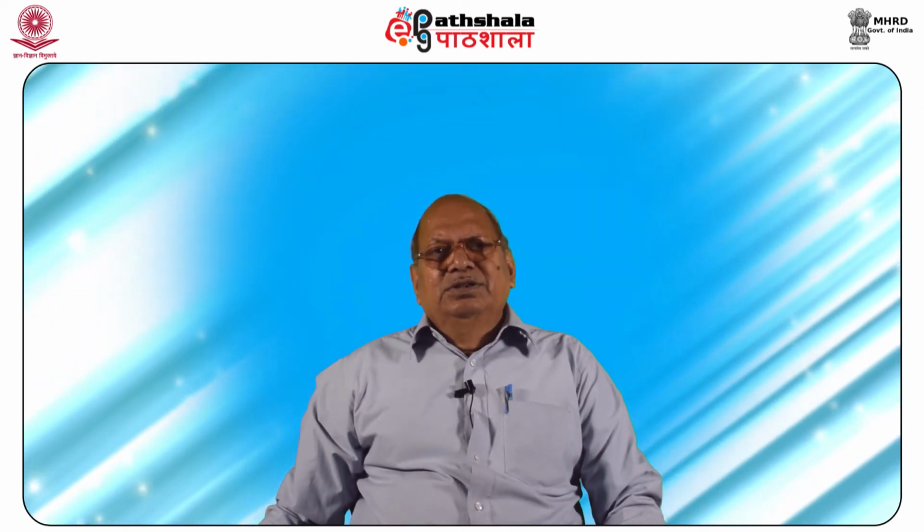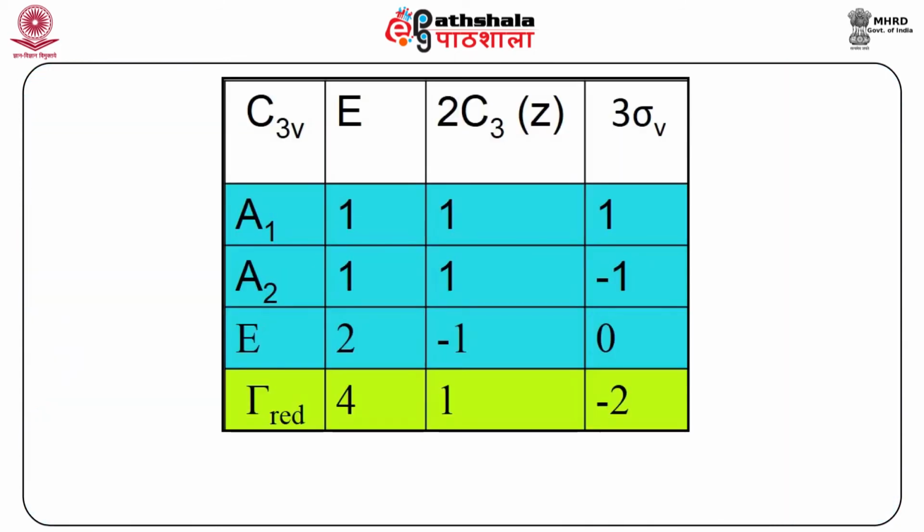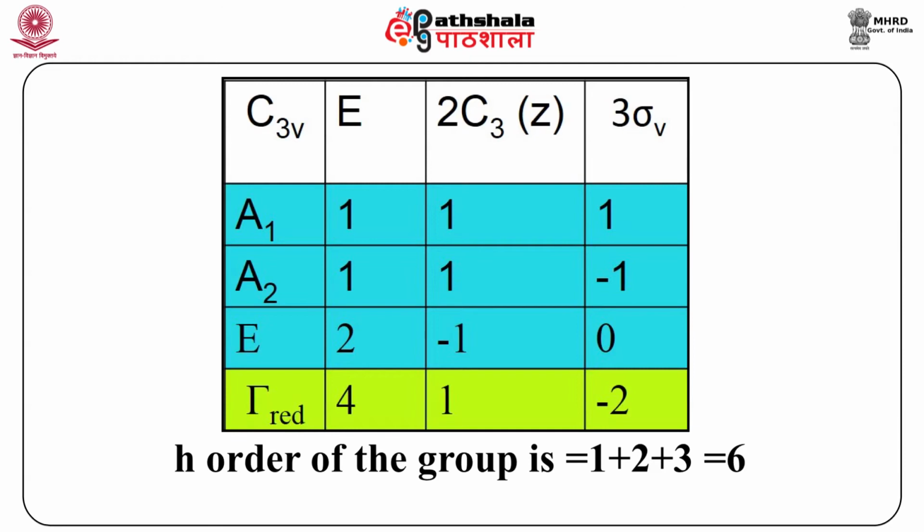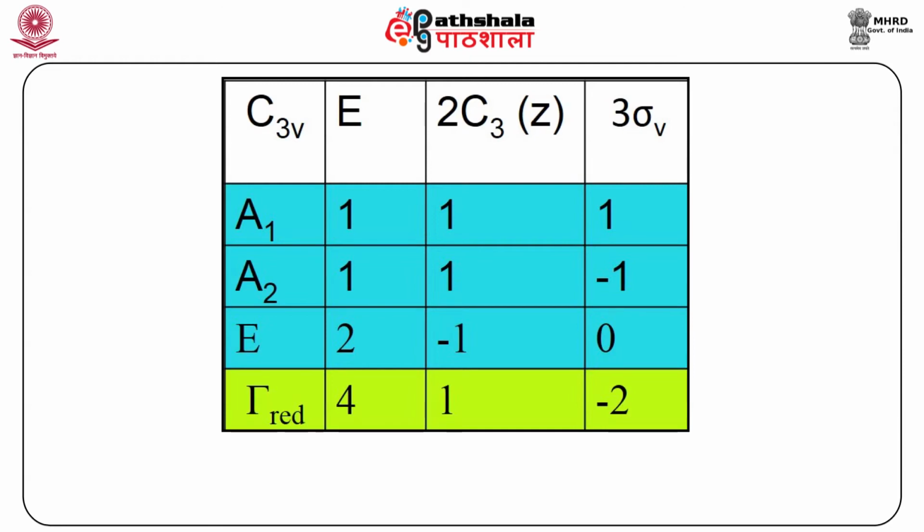Let us take the example of the C3v point group. The character table without the last column, where h is the order of the group, is 1 plus 2 plus 3, that is 6. In this character table we have the symmetry operations E, 2C3, that is the C3 axis along Z, and 3 sigma v.